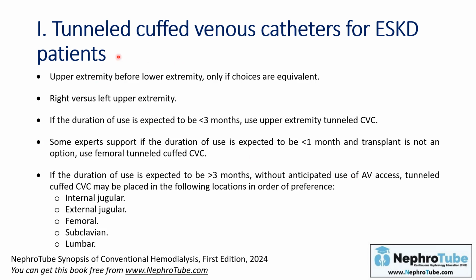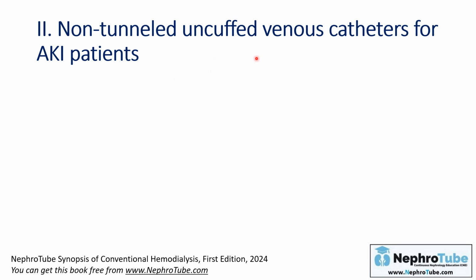So now we discussed the location of tunneled cuffed venous catheters in end-stage kidney disease patients. Let's go through the non-tunneled uncuffed venous catheters for AKI patients, as mentioned by the KDIGO acute kidney injury guidelines in 2012. They mentioned at first that the right internal jugular is the preferred side.